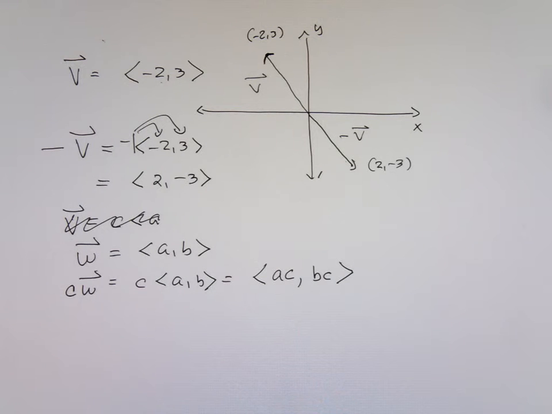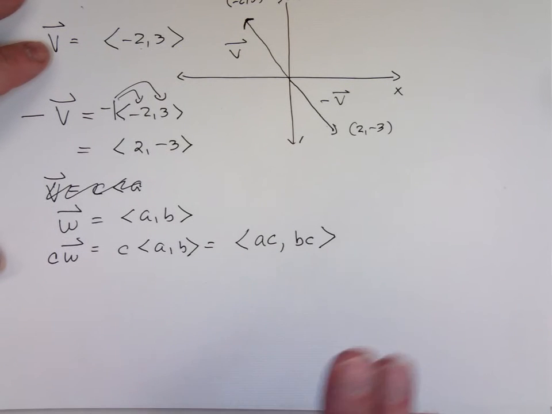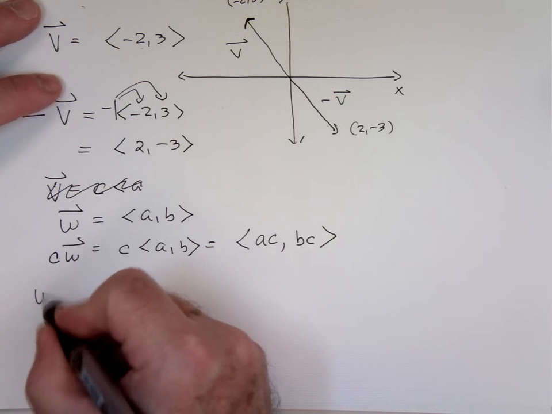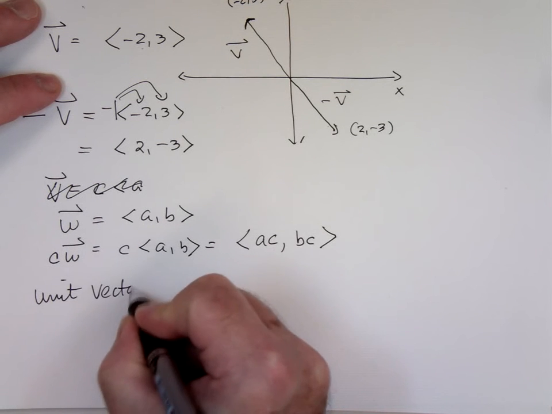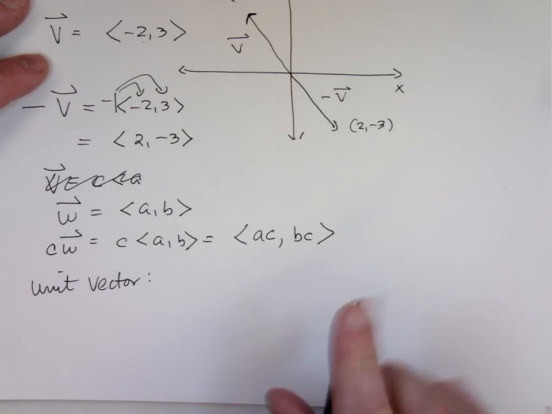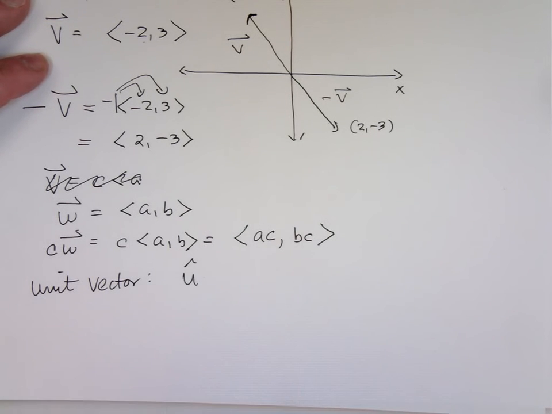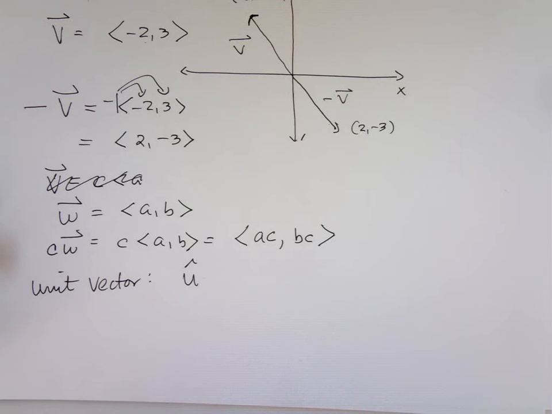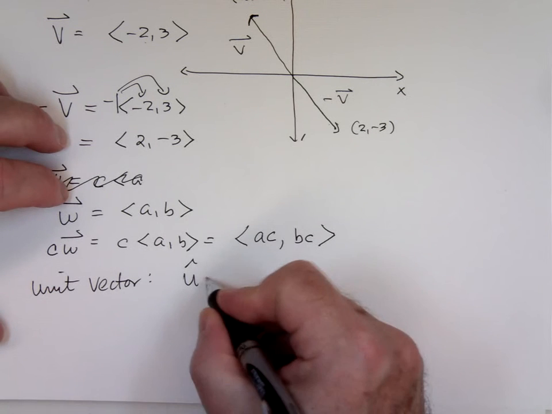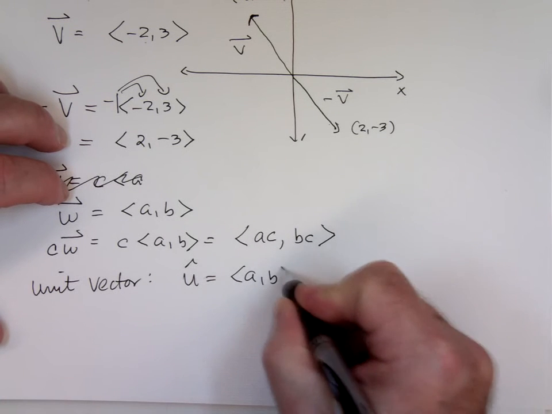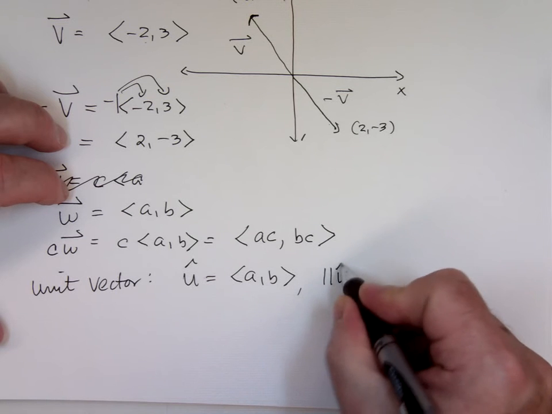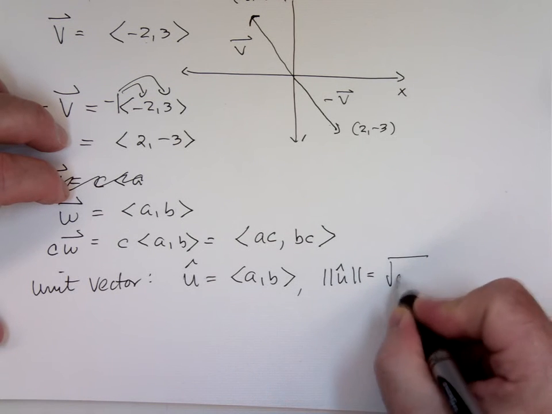Sometimes we're going to want a vector in the direction of a given vector having length 1. A vector having length 1 is called a unit vector. Generally speaking, for unit vectors, you put a little hat on it. I don't know how that came about, but that's what it is. A unit vector is one where the magnitude is equal to 1.